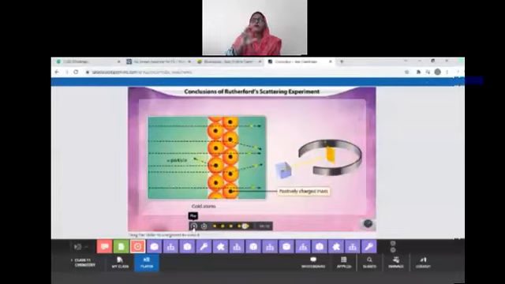Why? Because only a very small fraction of the particles were getting deflected. If the positive part is very huge in size, then what happened? Most of the radiations might have got deflected. But here only a very few are getting deflected. That is why this massive positive part covers a very small space of the atom.